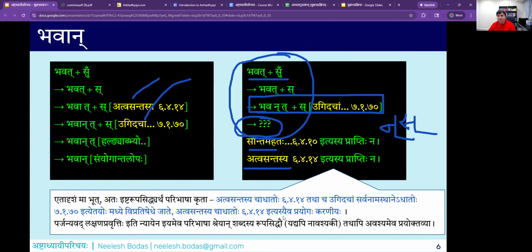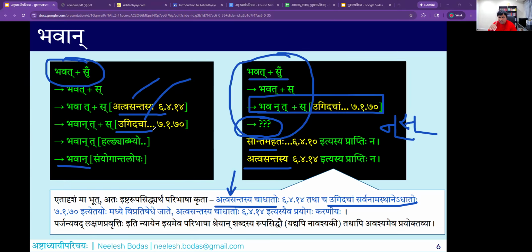That's a rule that we are making, because without that rule we will never be able to derive the form called Bhavan. Therefore, Bhavat plus Su is the configuration that forces us to flip the Vipratishedha and make a new rule. What is the rule? The conflict between Atvasantasya cha dhatoho and Ugidacham Sarvanamasthane Adhatoho forces a win of Atvasantasya cha dhatoho over Ugidacham Sarvanamasthane Adhatoho.